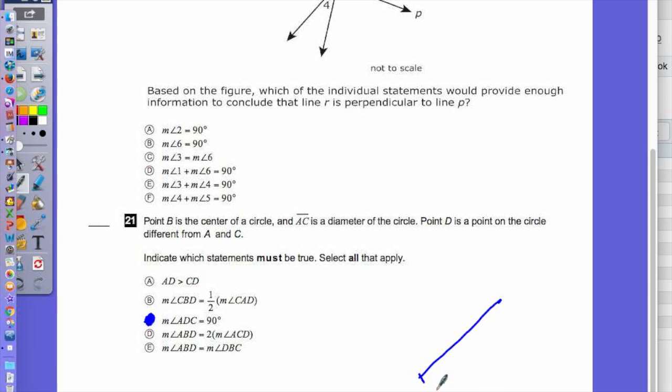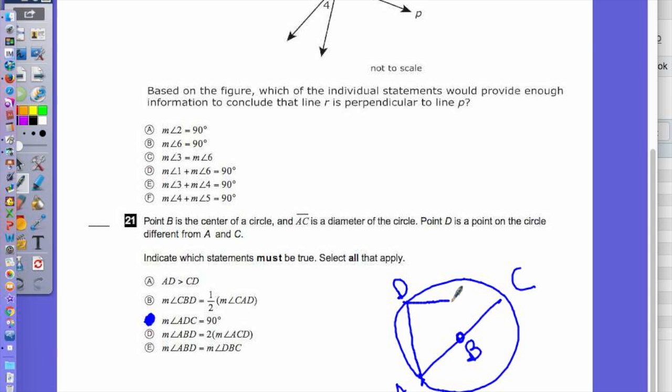Remember that if you have a diameter of a circle and an angle is created, that angle D must be 90 degrees. I'm inscribing a triangle in a circle, and if one of the legs is the diameter, then it's also the hypotenuse of a right triangle. Okay, did I finish that problem now?